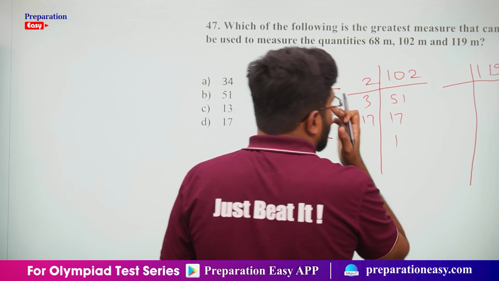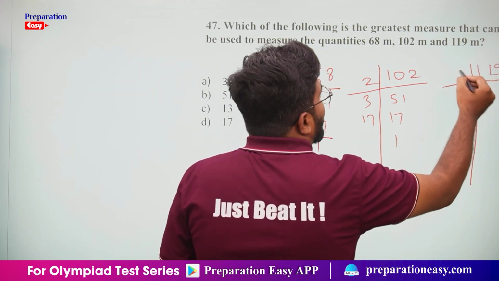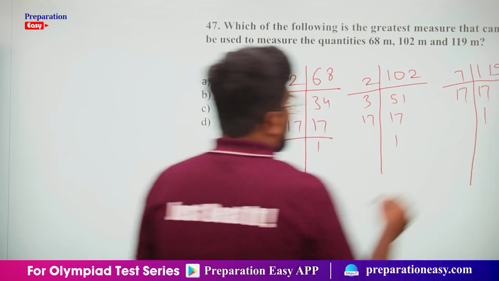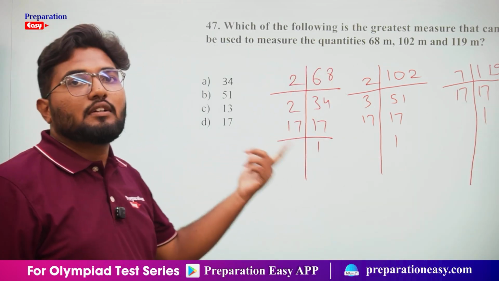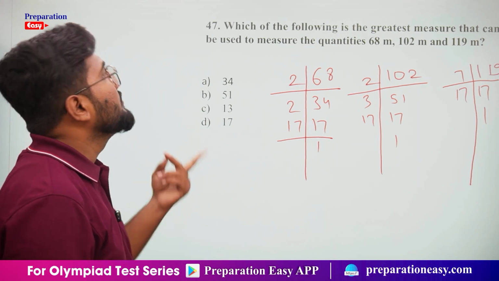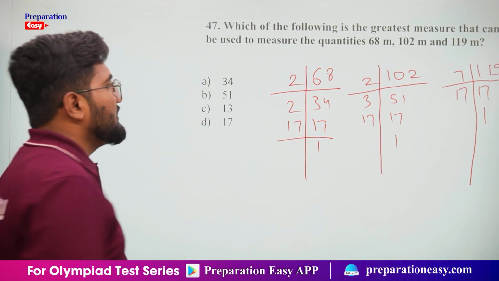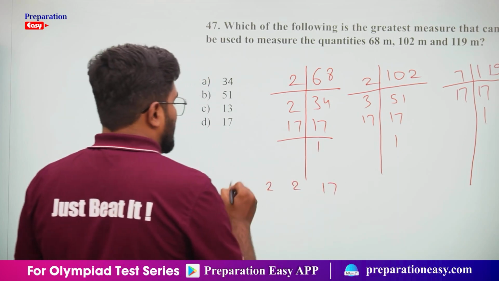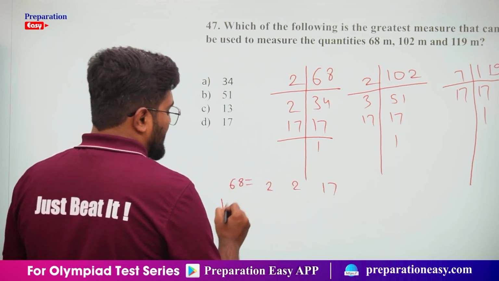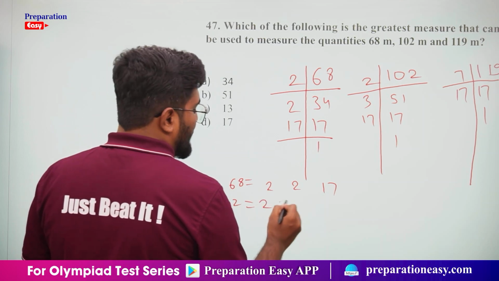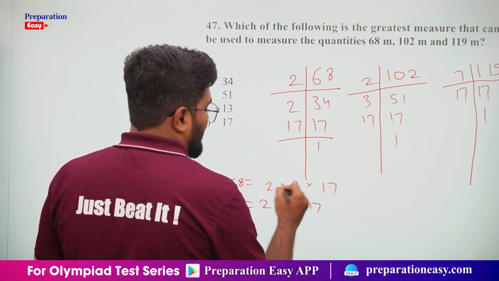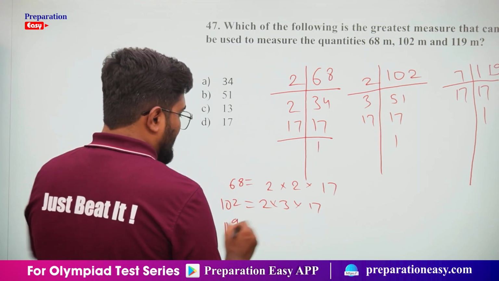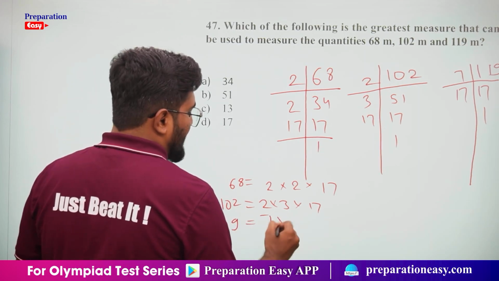Next is 102: 2, 3, 17. And the last one is 119, which can be written as 7 multiplied by 17.